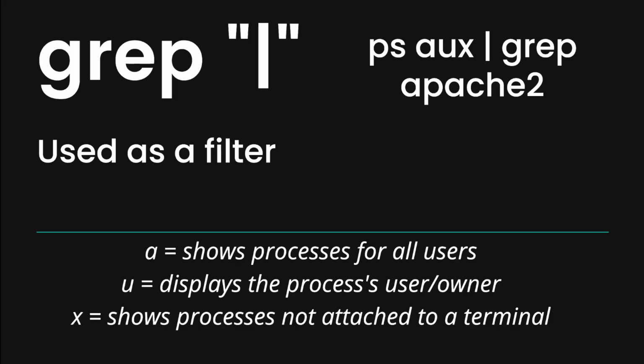And this now leads us to the grep command. The grep command is a very important command in the Linux file system, and I put ps aux here as an example to prove to you what I'm about to tell you.